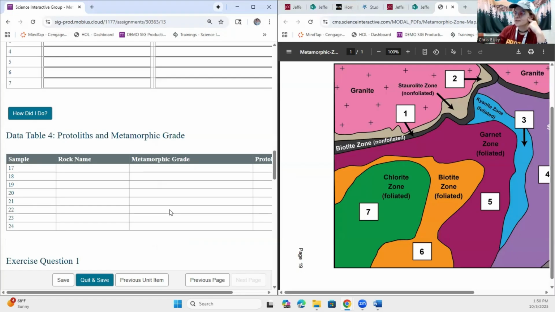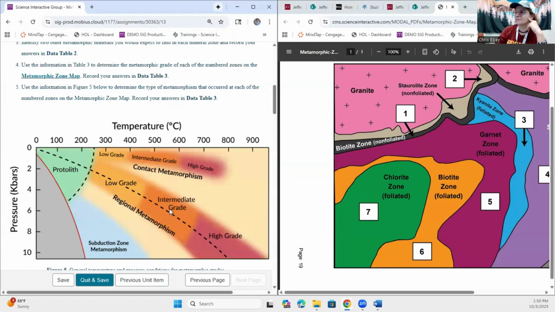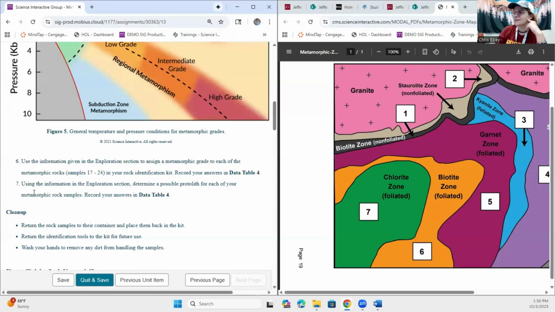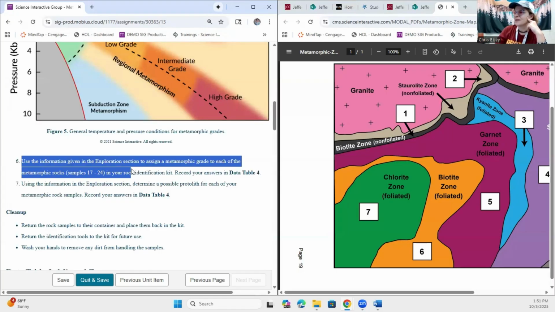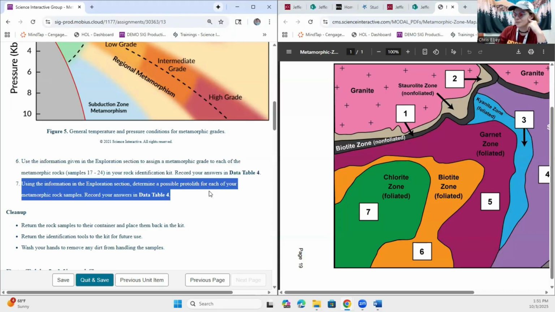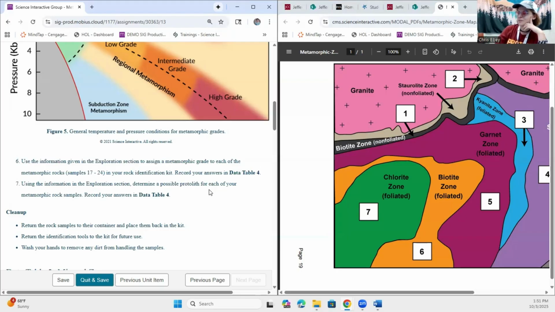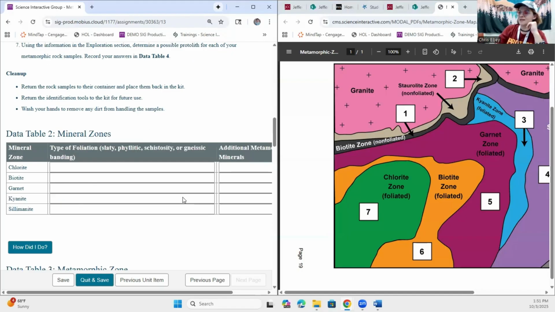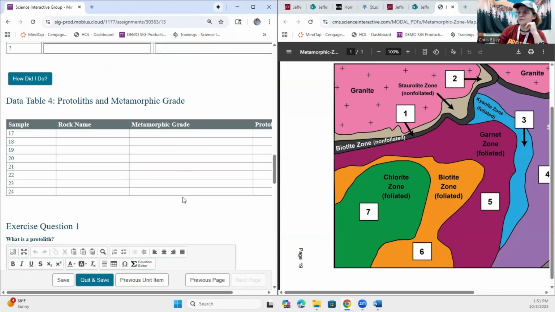Now, protoliths and metamorphic grade. On this last section, use the information given in the exploration to assign a metamorphic grade, and record that in data table 4. Using the information in the exploration, determine a possible protolith for each metamorphic rock sample. Record that in data table 4.